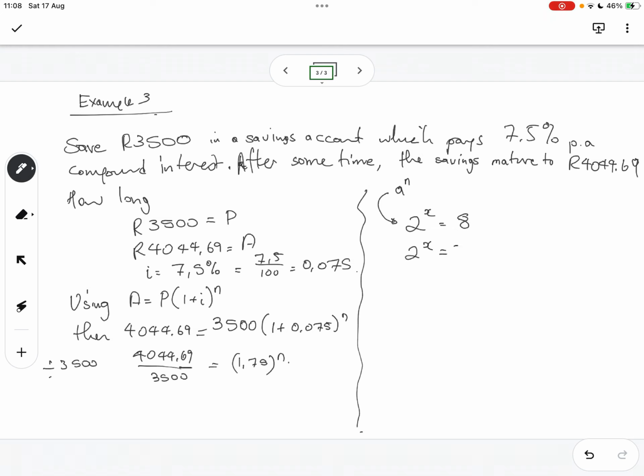Let's say it equals 8. Then we know that 2 to the power x equals 2 to the power 3, because 8 equals 2 times 2 times 2. So 2 times 2 is 4, times 2 gives you 8. Then we can simply say that x equals 3. I'm sure you've come across something like this before, have you not? Yeah. You have. Okay.